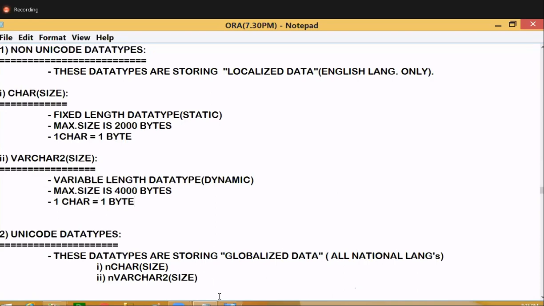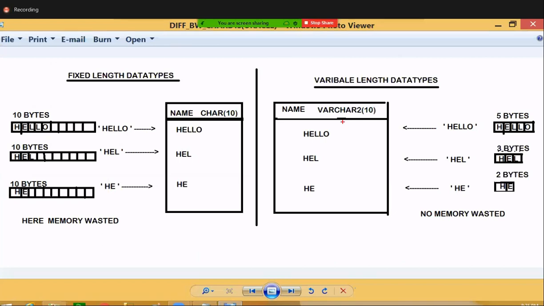But the advantage is this. Now in place of char, I give varchar2 for my name column, with the same size of 10.